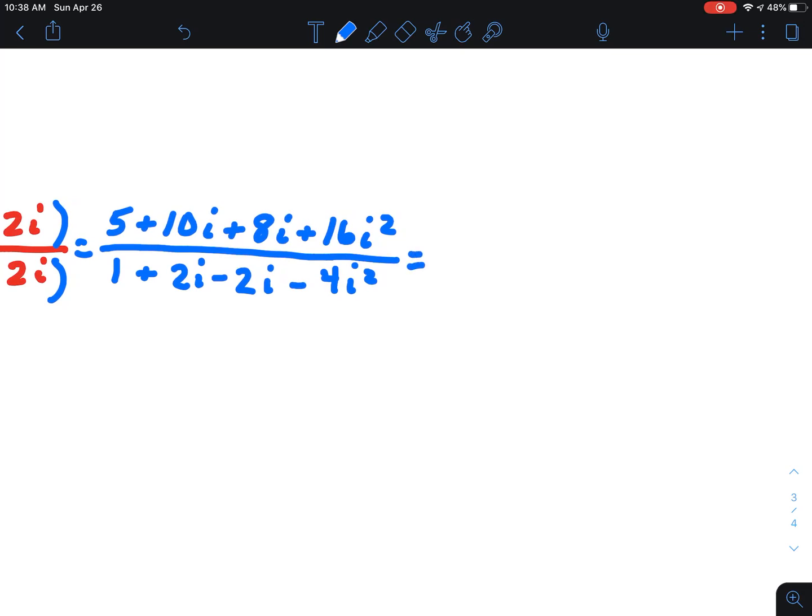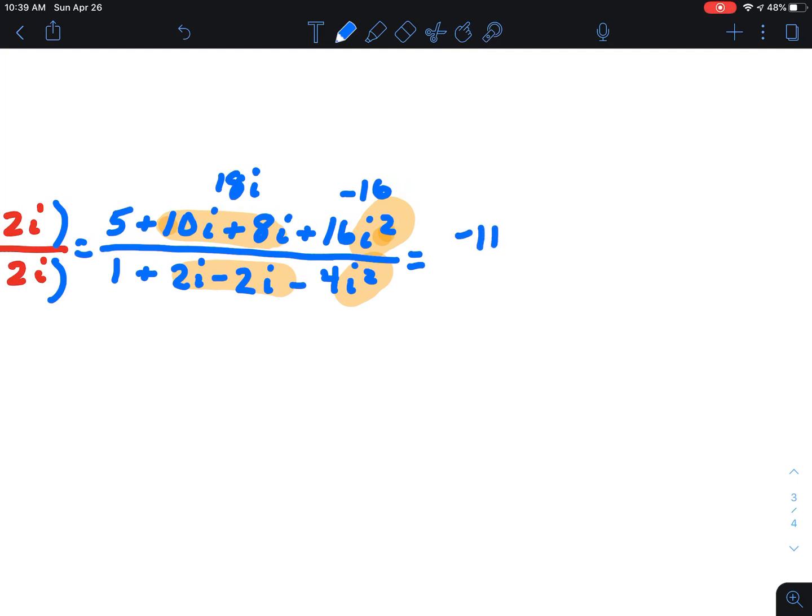Now I can combine like terms and simplify, okay? So I'm going to combine these together first, and I'm going to simplify that i squared part at the same time, okay? So this is going to become minus 16, and this is going to become 18i. So 5 minus 16 is negative 9. Excuse me, negative 11.